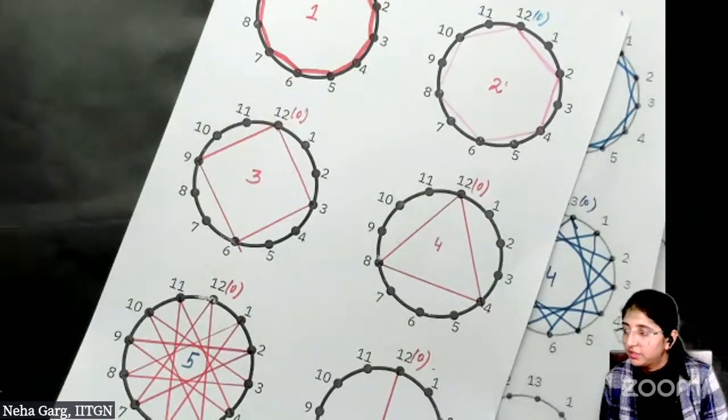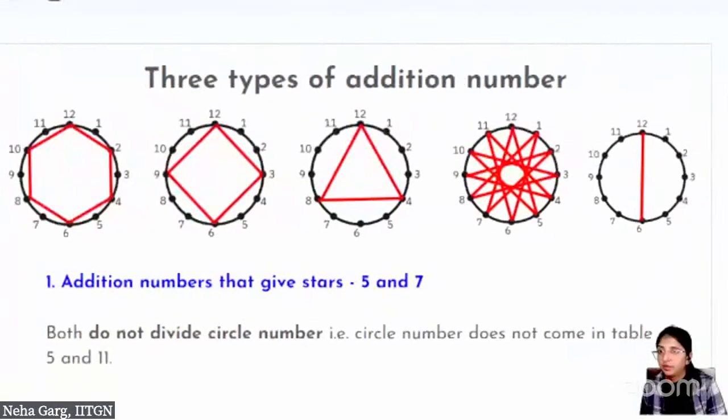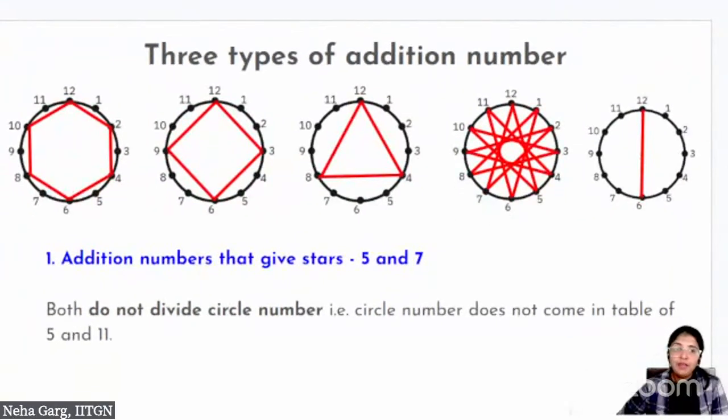Okay, so let's look here. When we had this 12-point circle, we got stars only with two numbers: 5 and 7. Yes, Anu ji, you are right, and Deepti ji, you are also right.